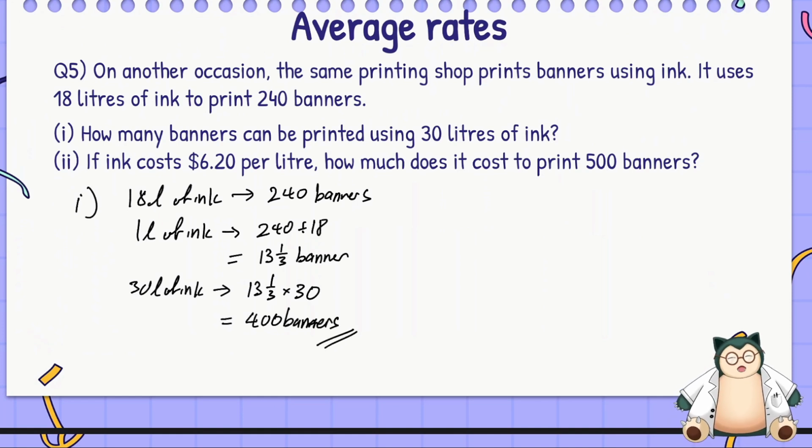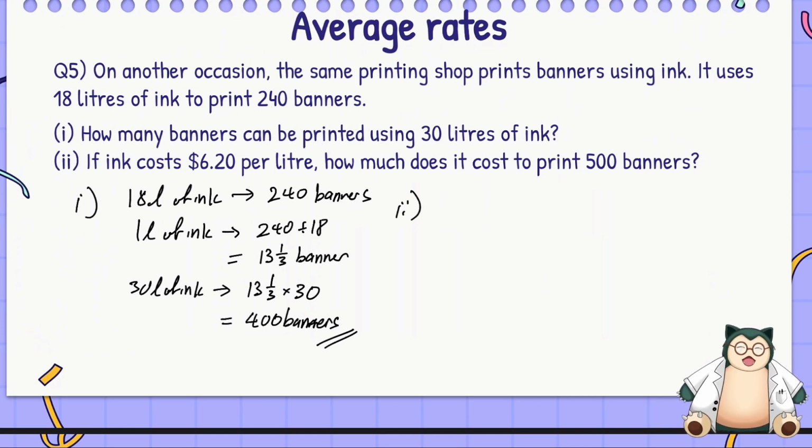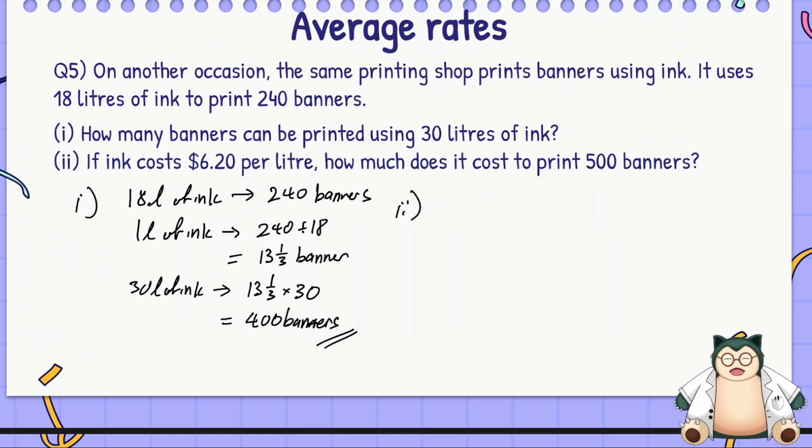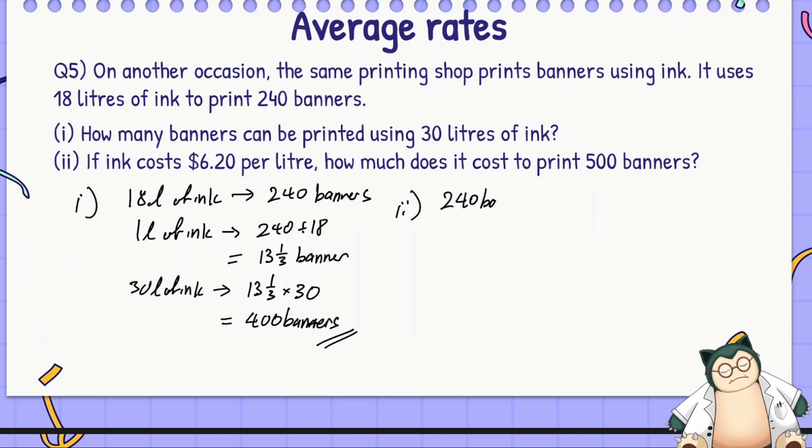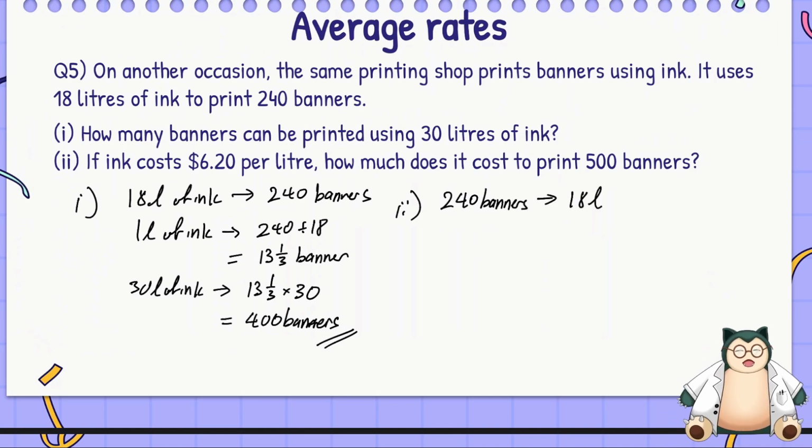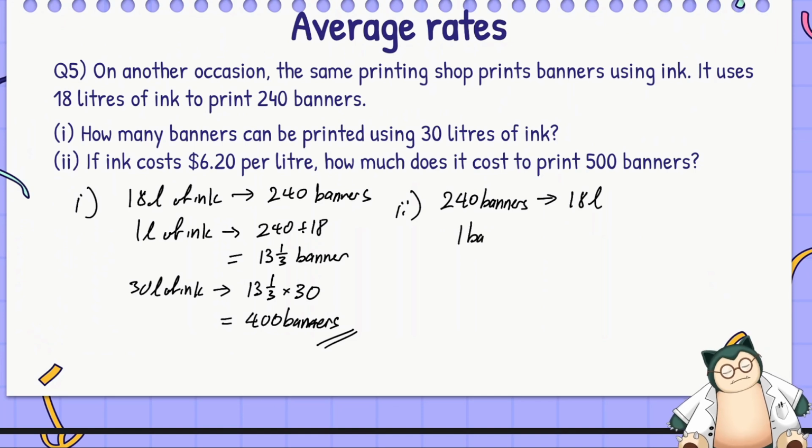Now in part 2, if the ink costs $6.20 per liter, how much does it cost to print 500 banners? Now we have to flip the ratio. How are we going to flip the ratio? We know that 240 banners cost 18 liters of ink. What about 1 banner?